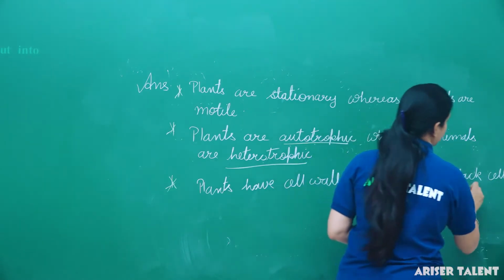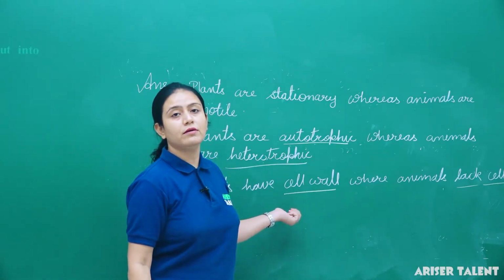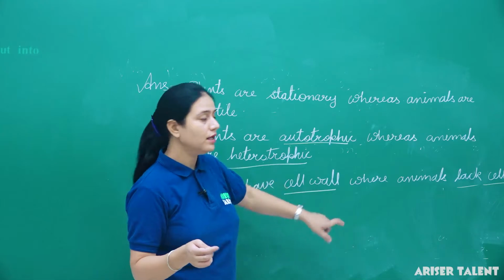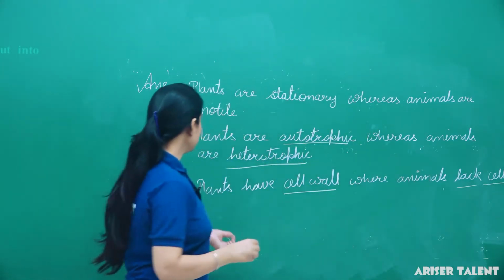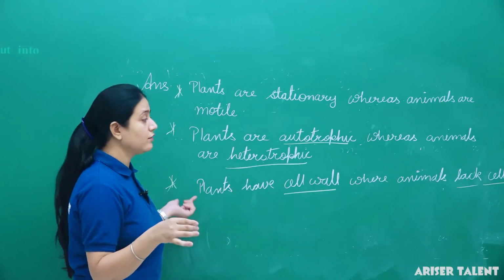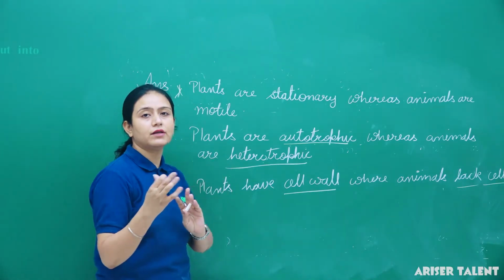Clear? So another feature was that plants have a cell wall, which provides them rigidity, but the cell wall is absent in animals. Clear? Next, plants have indefinite growth. They grow throughout their life. But animals stop growing after a particular time.